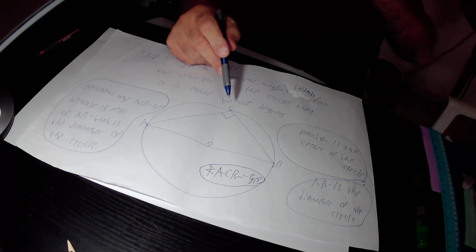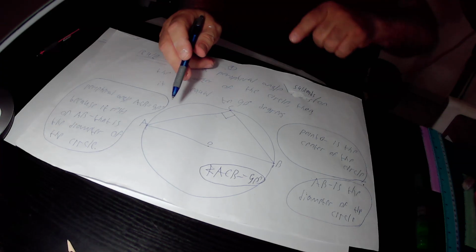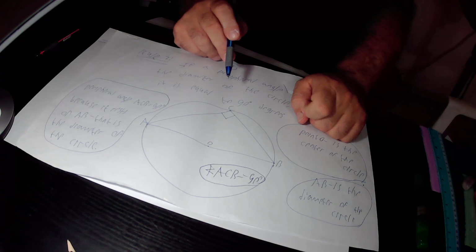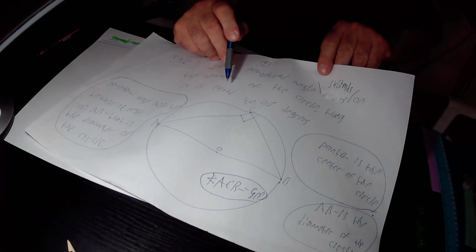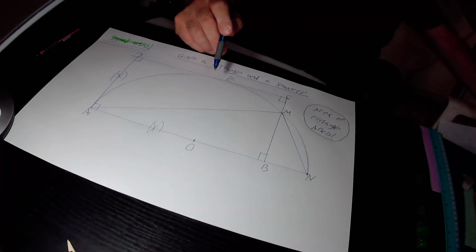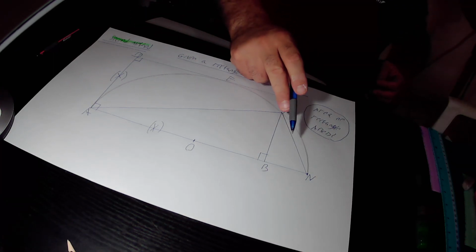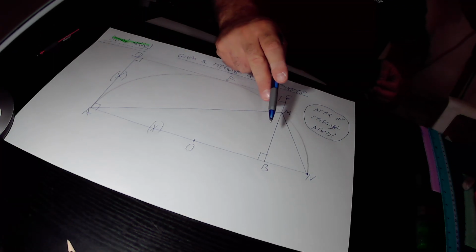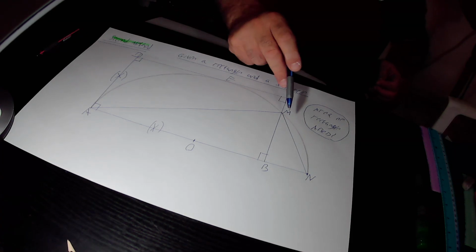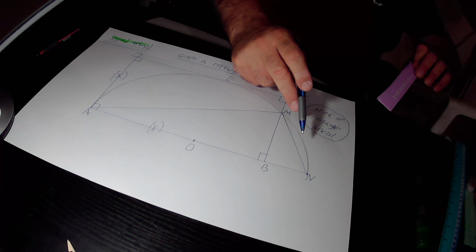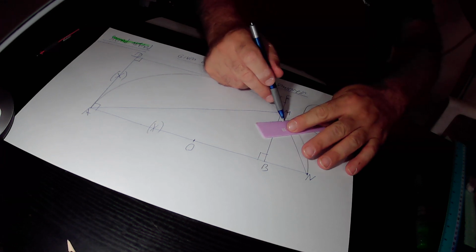So whenever you have a peripheral angle that subtends the diameter of the circle, it must be equal to 90 degrees in its size, according to rule 7. And because this is peripheral angle AMN, that subtends AN, that is the diameter of the circle, peripheral angle AMN must be equal to 90 degrees in its size.